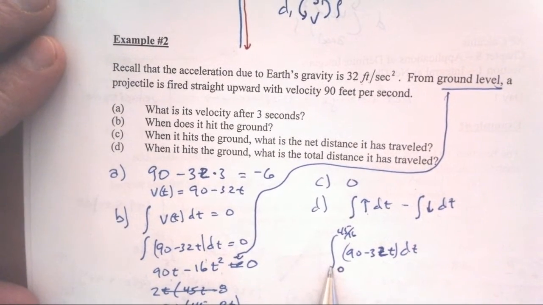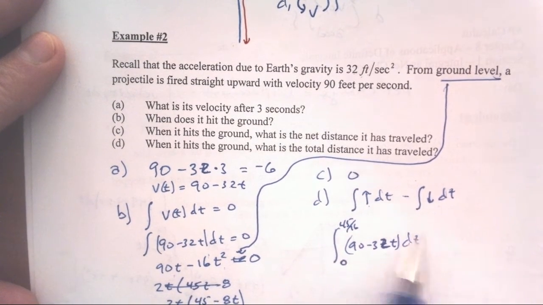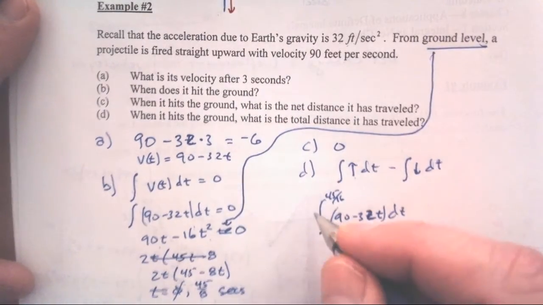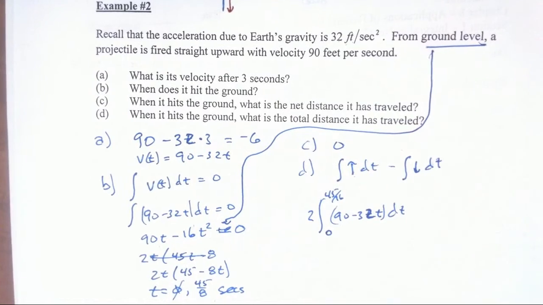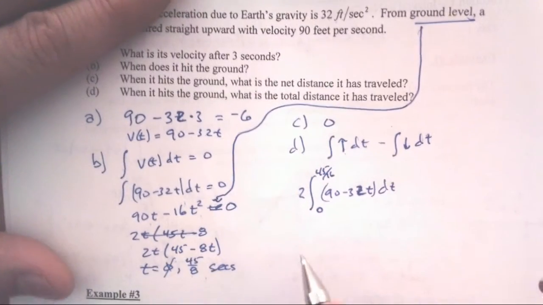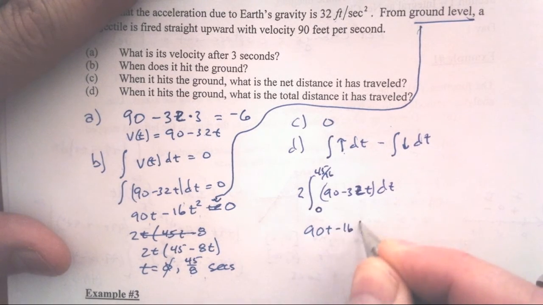However, the distance up, our position distance up would be the same as our distance down, so we could do this. I know these values are going to be the same, it's just this is going to be the opposite of that. So we get 90t minus 16t squared.